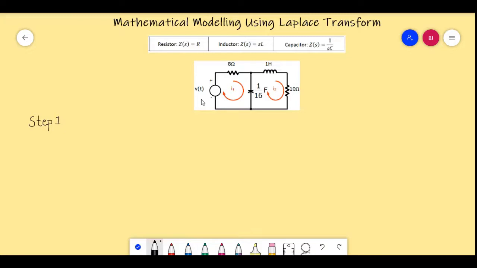For the voltage source, given that it is a DC voltage, we take the Laplace of U of t. This is assuming that our voltage source is a DC source of U of t. So its Laplace will be 1 over S.